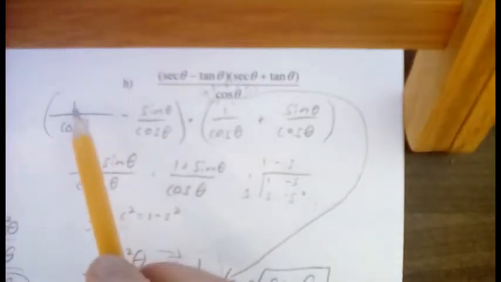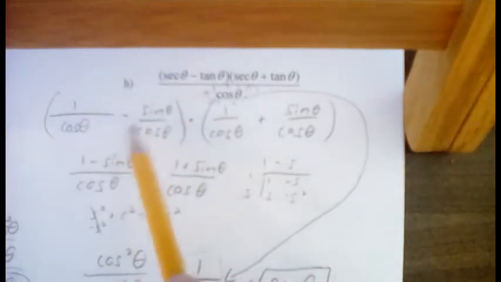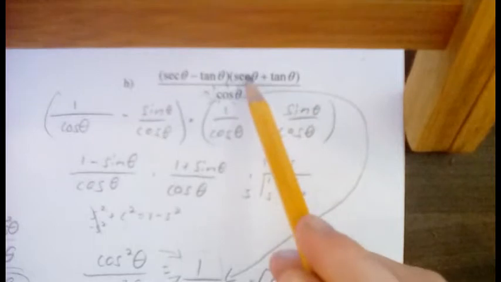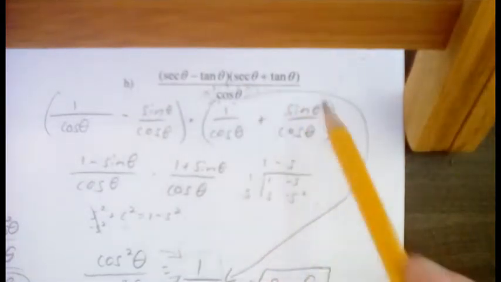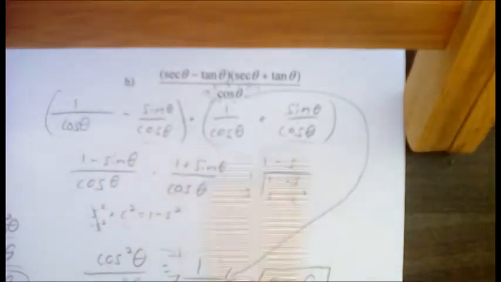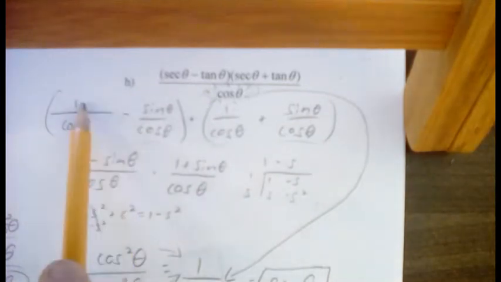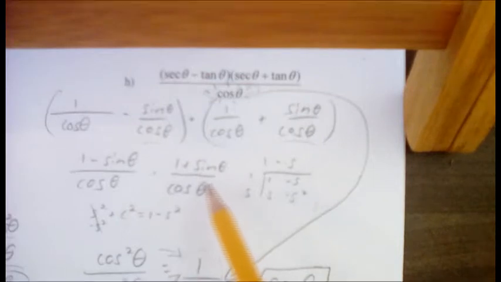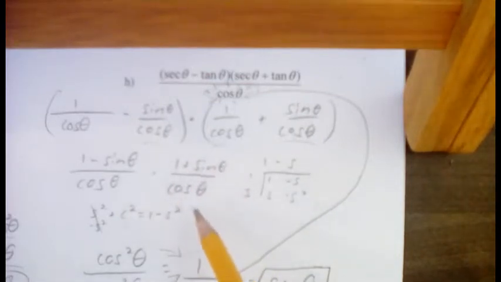So secant is 1 over cosine minus tangent, which is sine over cosine, multiplied by secant 1 over cosine plus tangent sine over cosine. These are pretty easily added and subtracted because they all have common denominators. So that's just 1 minus sine over cosine multiplied by 1 plus sine over cosine.